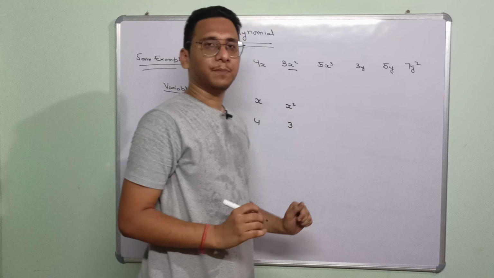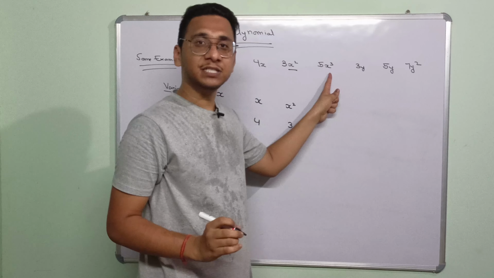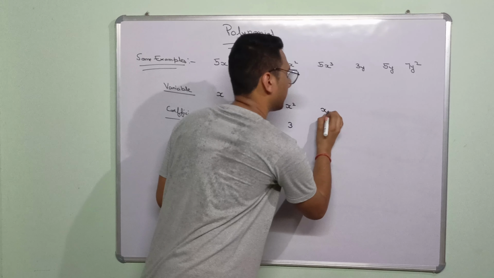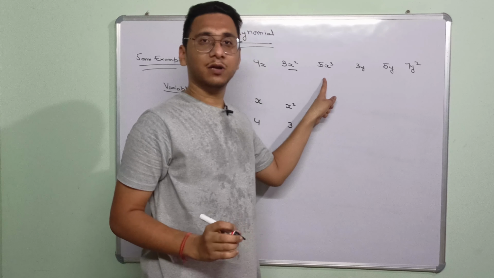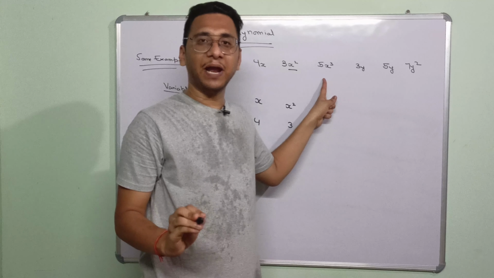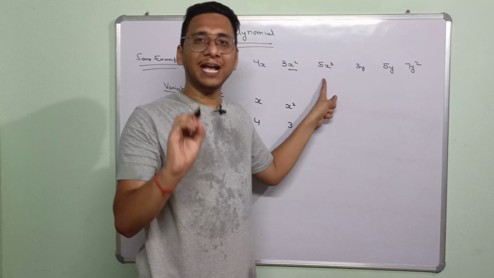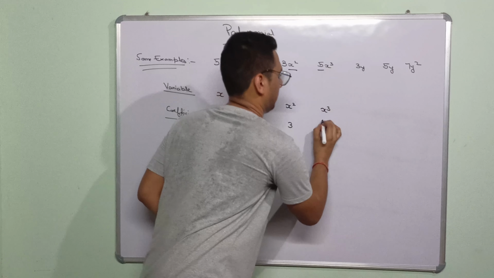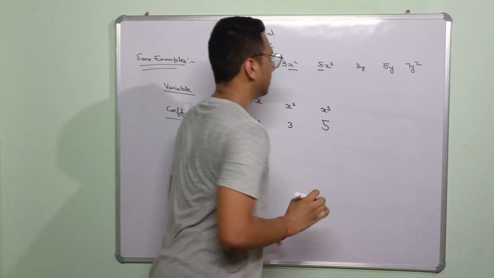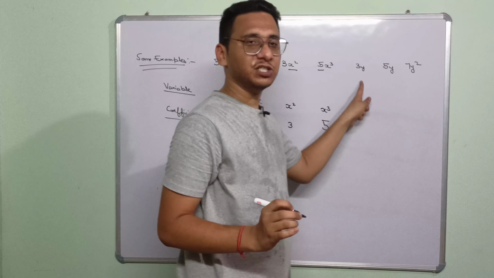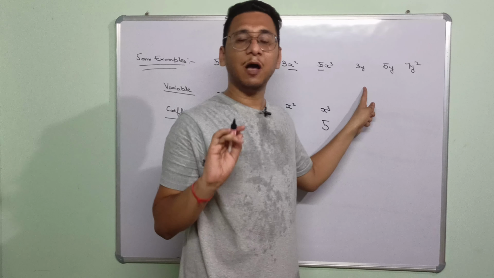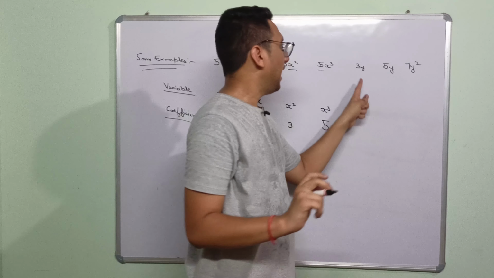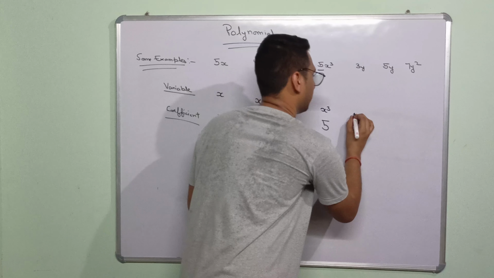Now see another example. Here the variable is x cube and the numerical value which is multiplied with our variable x cube is 5. So you can see in this example the variable is changed. Now the variable is y and the coefficient is 3.